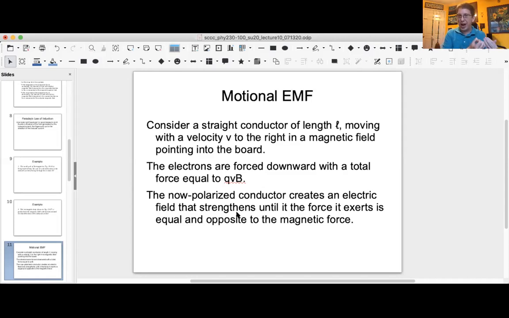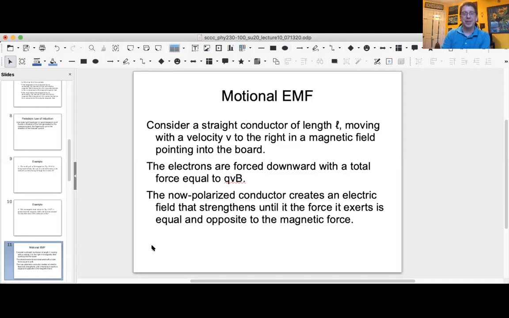They're going to be attracted back to the positive side, but the charge is going to build up until you reach an equilibrium condition. The equilibrium condition occurs when the electric field vector is equal to v cross B.